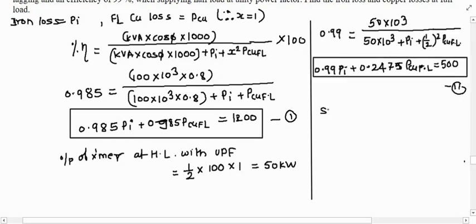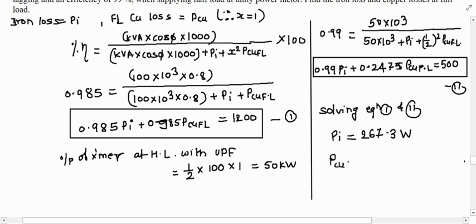Solving equations 1 and 2, what will I get? I will get Pi and PCU. So Pi you will get 267.3 watt and PCU full load you will get 950.9 watt.